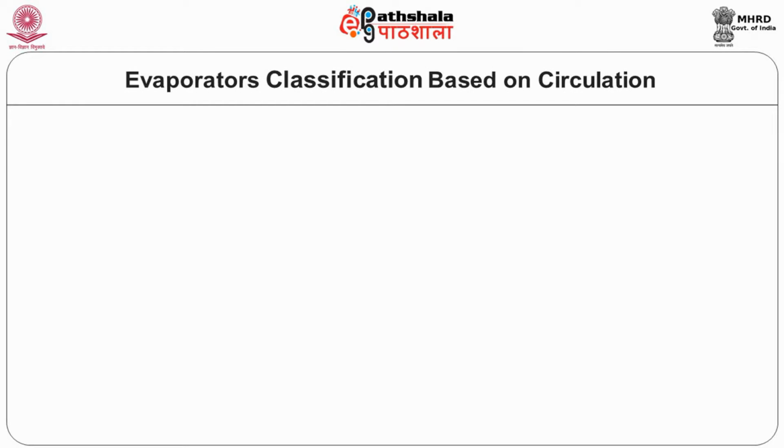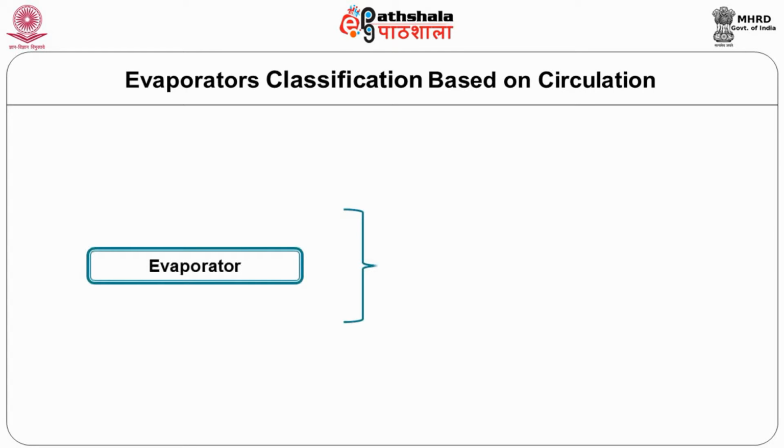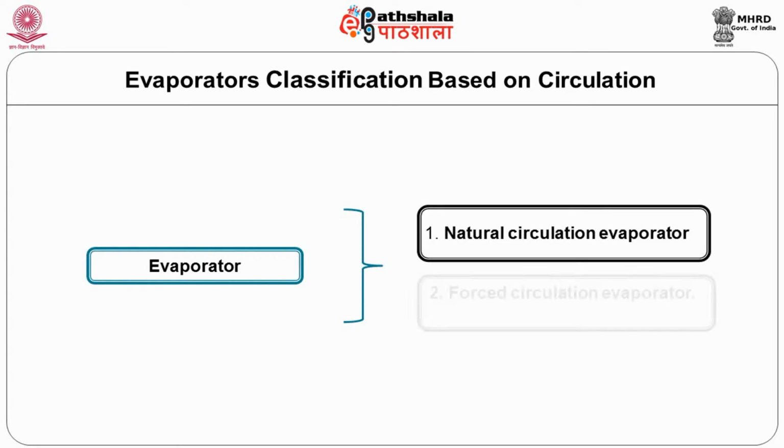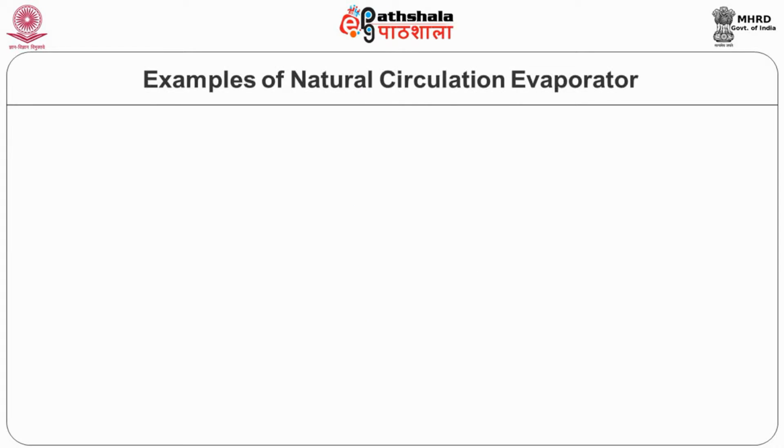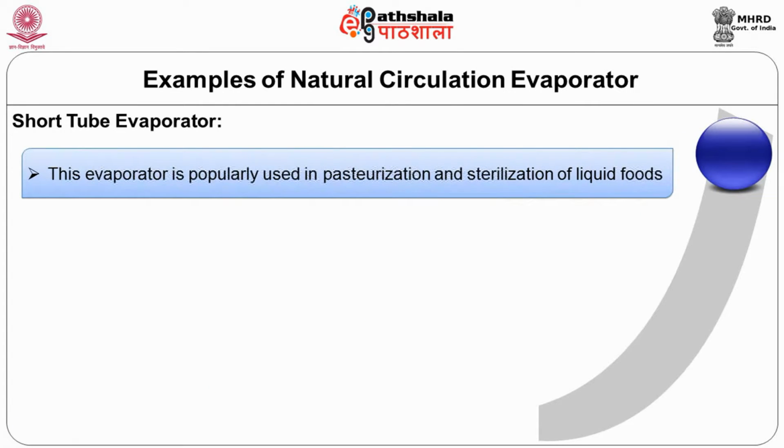Evaporators are broadly classified based on circulation as natural circulation evaporators and forced circulation evaporators. Now, let us see a few examples of natural circulation evaporators. Short tube evaporator. This evaporator is popularly used in pasteurization and sterilization of liquid foods.